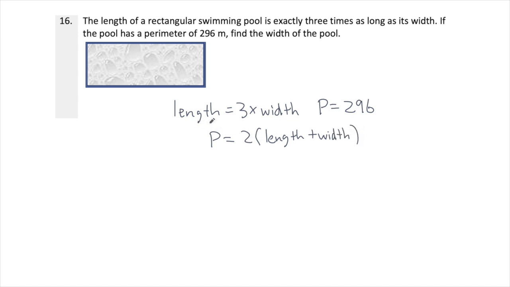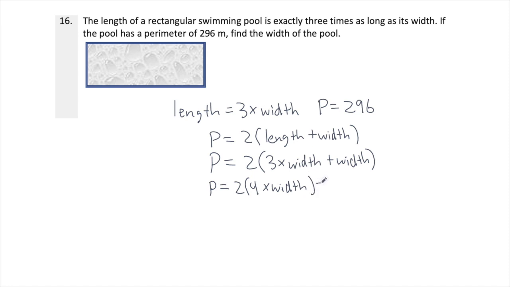Since we know that length is equal to 3 times width, we can substitute 3 times width for length. So our new equation would be perimeter is equal to 2 times 3 times width plus width. Simplifying this equation, we get perimeter is equal to 2 times 4 times width, which is equal to 8 times width.